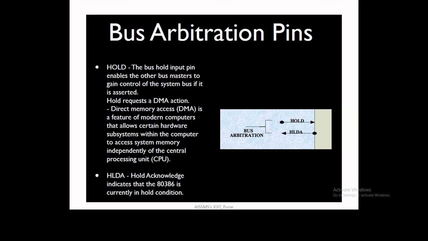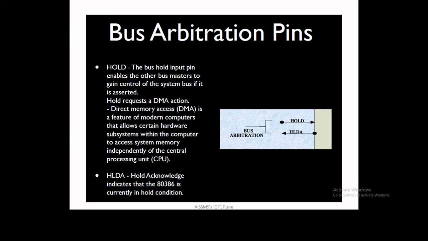Then there is a group of bus arbitration pins which contain the HOLD and HLDA pins. The bus hold pin is an input pin. This enables another bus master to gain control of the system bus.